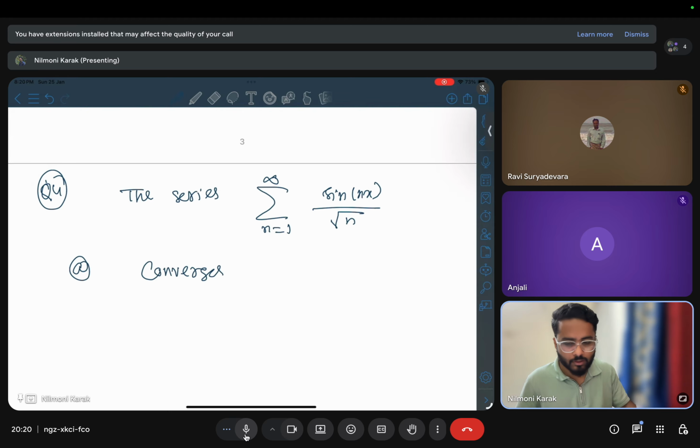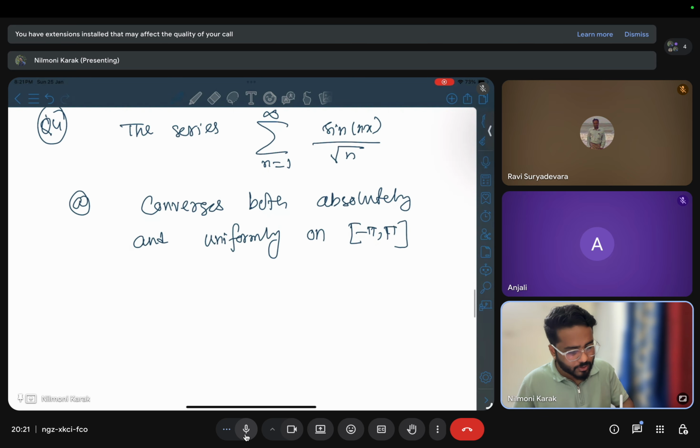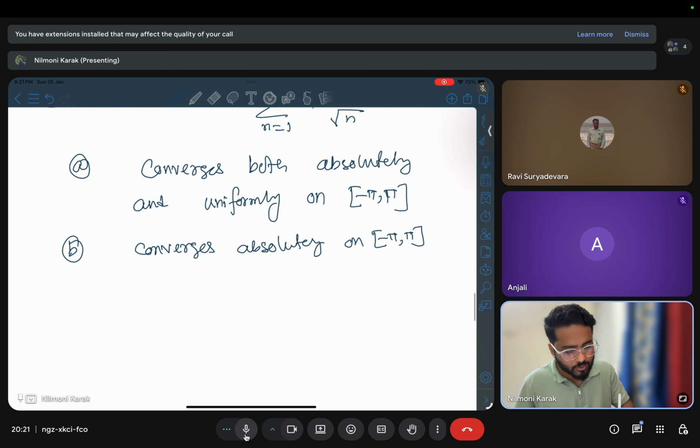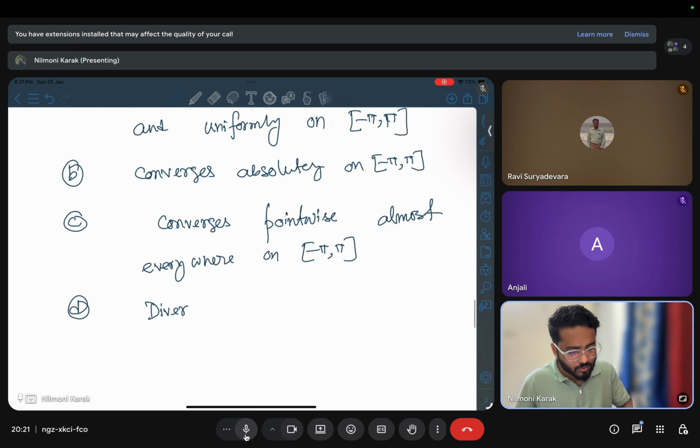It converges both absolutely and uniformly on minus pi to pi; converges only absolutely on pi to pi; converges pointwise almost everywhere on pi to pi; and diverges almost everywhere on pi to pi.